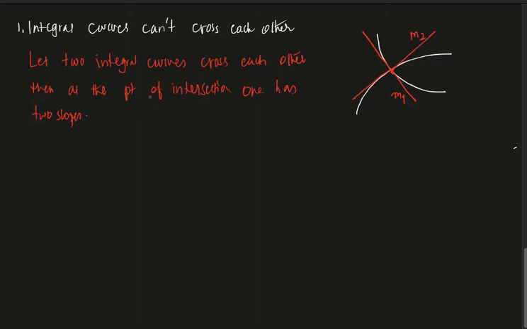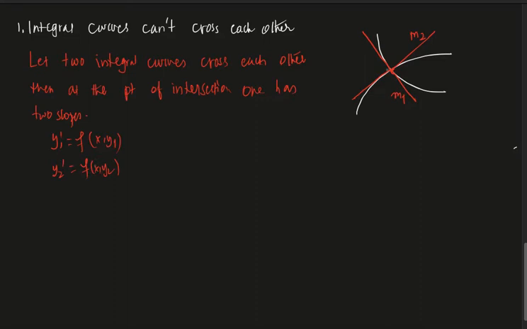If at some point there are two slopes, then y1 prime equals f of x, y1 and y2 prime equals f of x, y2. If there are two different slopes, then y1 prime and y2 prime are not the same, and that is why f of x, y1 and f of x, y2 are not the same.